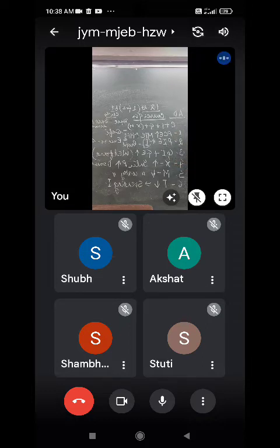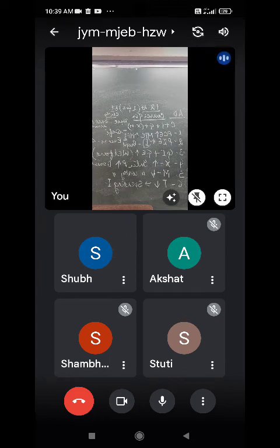Now, one by one. Shubh, when we say excess demand, what is the equation for excess demand? No, these are the components of aggregate demand, which explain the causes of excess demand.